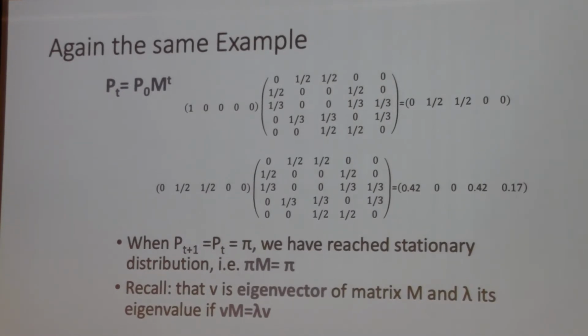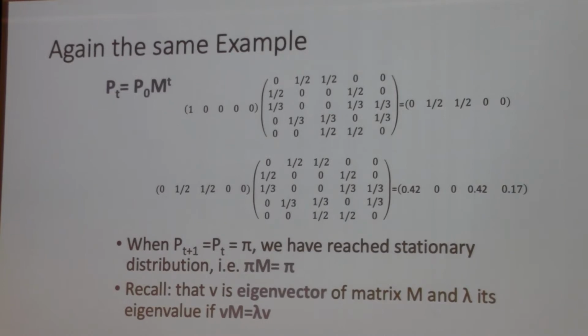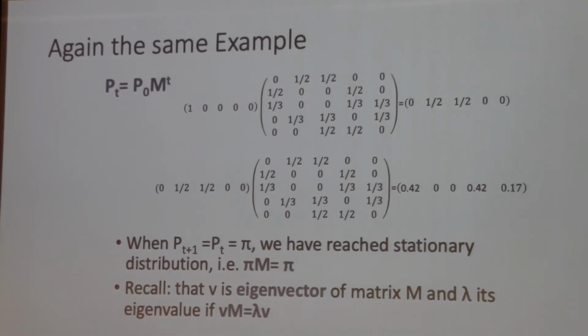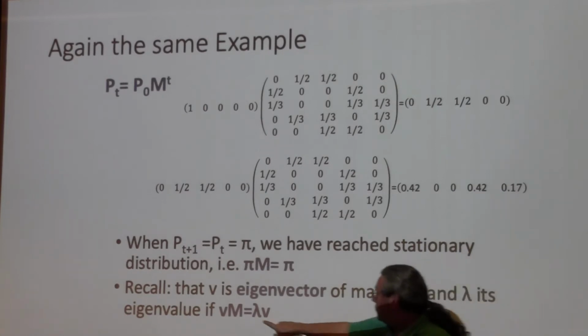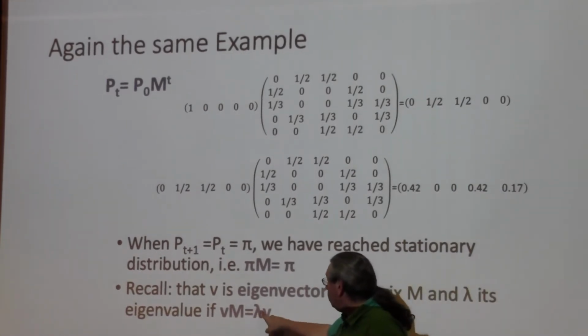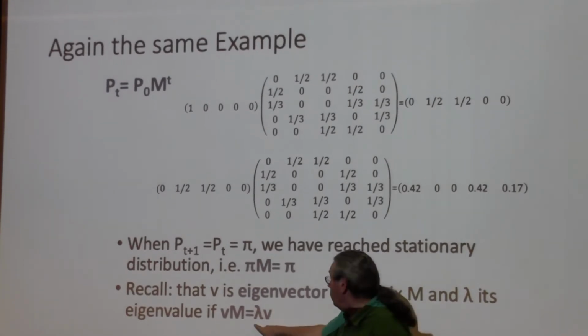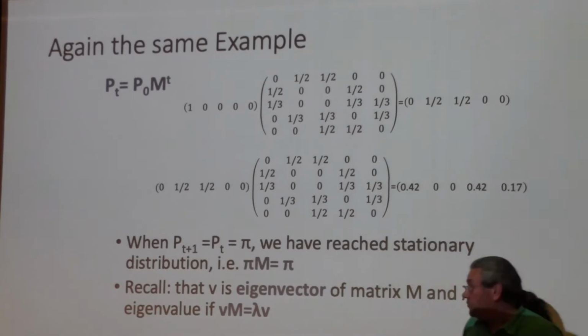Now we can connect to eigenvectors and eigenvalues. So these are called eigenvectors. If you take a vector v and you multiply by matrix M, and you get some real number times v, then v is an eigenvector.